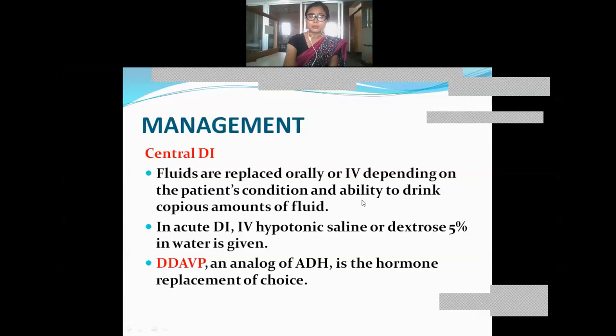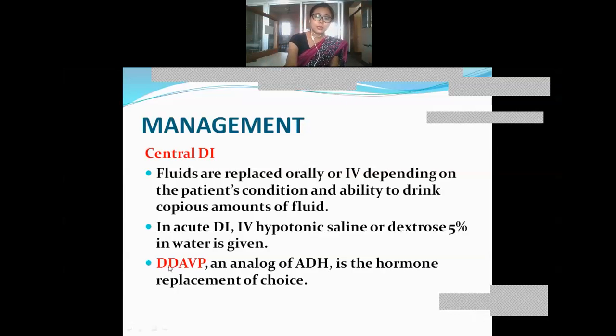Hypotonic saline means your 0.45% normal saline or dextrose 5% in water, that is your D5W. Those are the hypotonic saline, meaning the osmolarity is less than that of your blood.